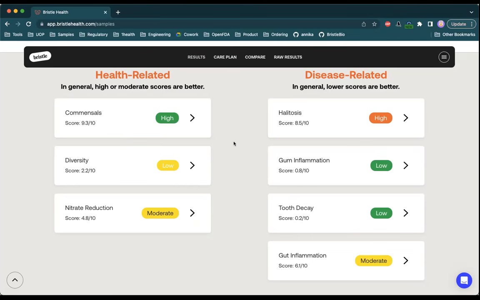And I've heard you say that too much diversity is bad as well. There's this sweet spot of numbers of bugs to each other. And that's why it's so important to measure every single organism in the mouth. And that's what Bristle does. So the diversity score is tough, but if you have a low diversity score, that's not a good thing. And certainly both ends of the spectrum are definitely not great.